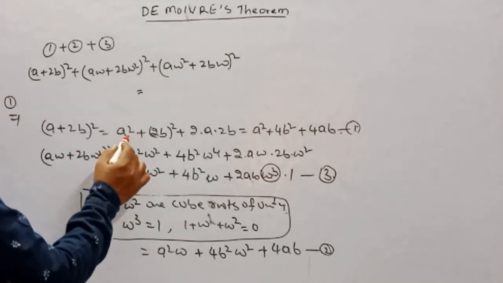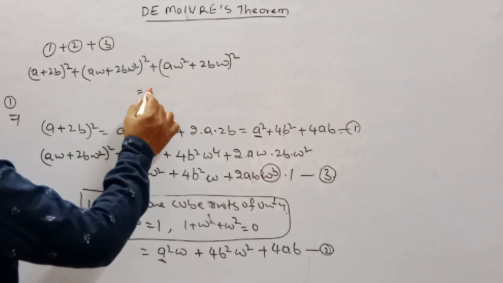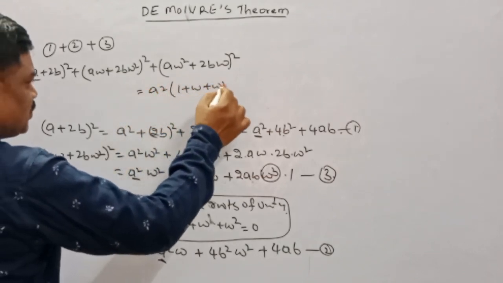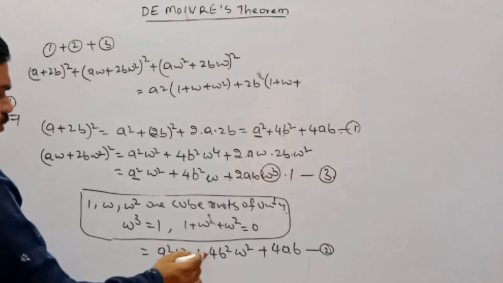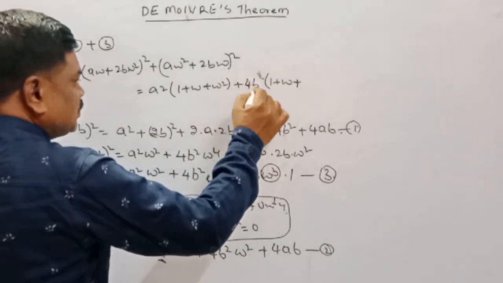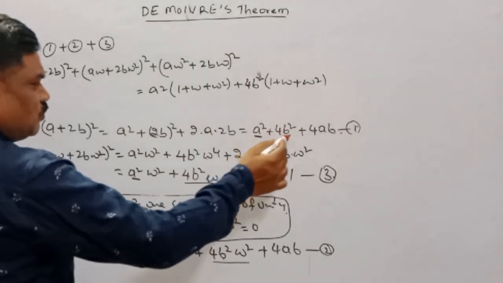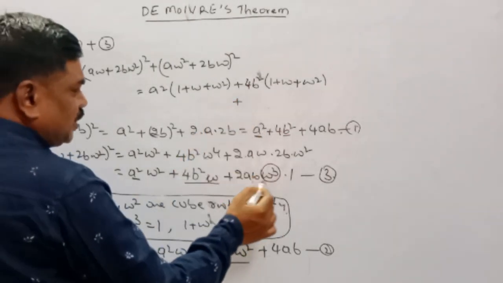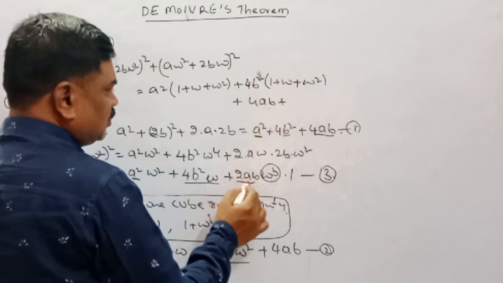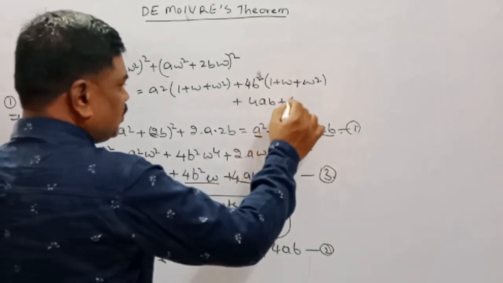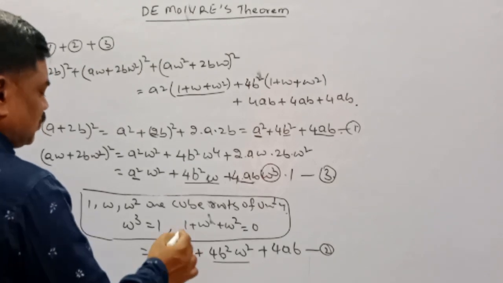Here a square plus a square plus a square, so a square common, 1 plus omega plus omega square, plus 4b square common, 1 plus omega plus omega square. Plus here 4ab, 4ab, 4ab.